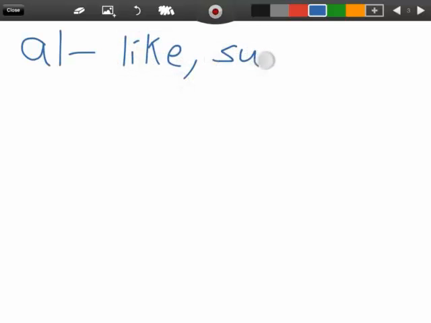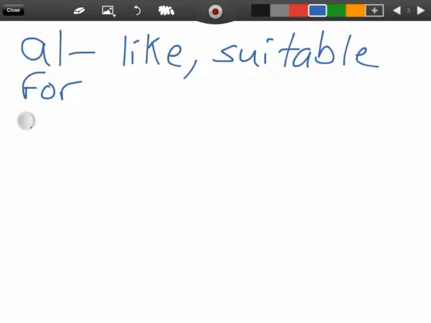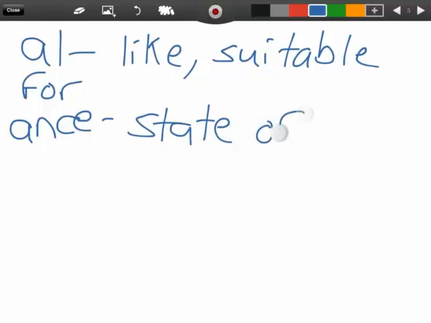Moving on to my next suffix is al, meaning like, and suitable for. Moving on to my next suffix is ance, and that means state of being.